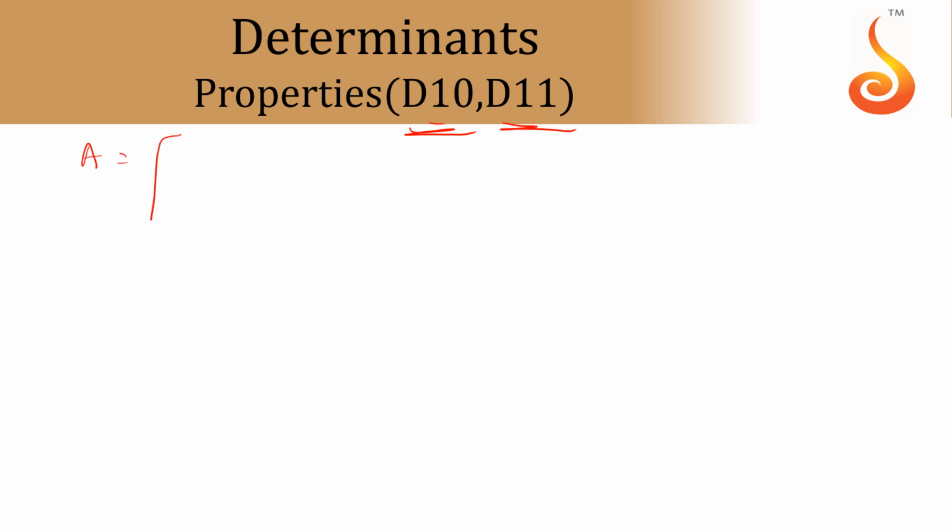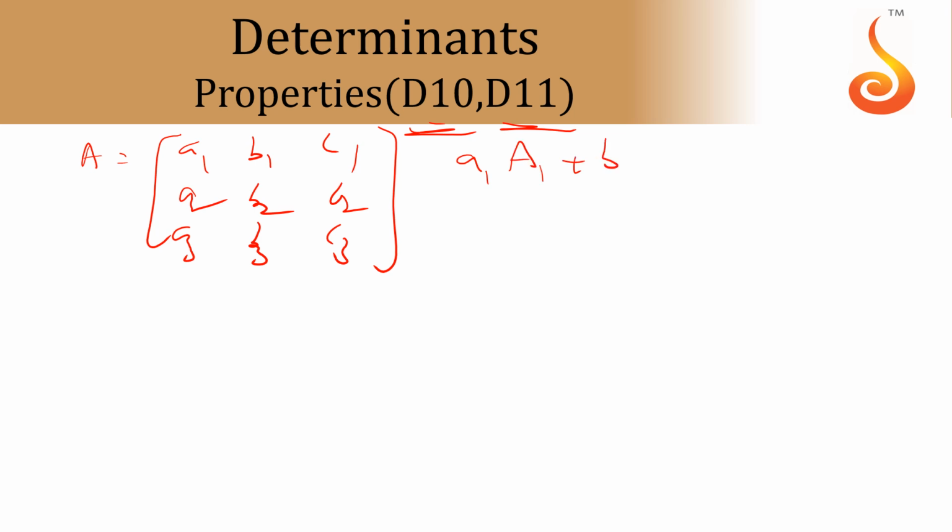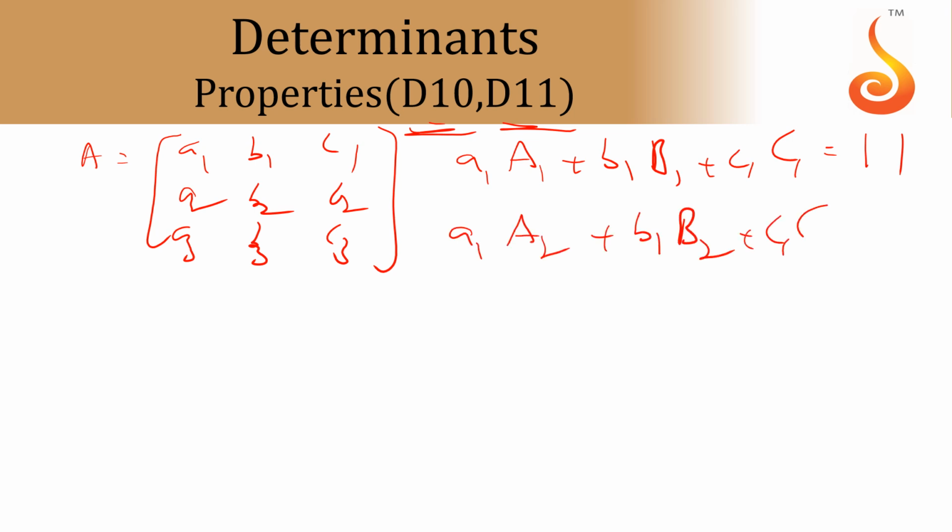Suppose you take A1, B1, C1, A2, B2, C2, A3, B3, C3. If you do A1 with its cofactor, B1 with its, C1 with its, you will get the determinant. But if you do A1 with the cofactor of A2, B1 with that of B2, C1 with that of C2, you will get 0. Not only with the second row: take the elements of one row and the cofactors of another row, and the sum of the products will always be 0.